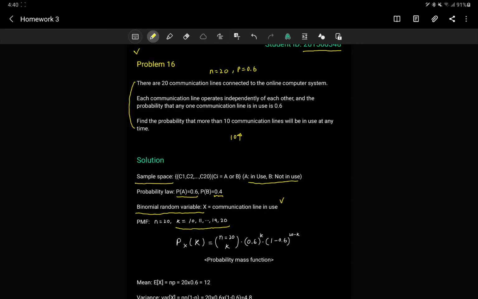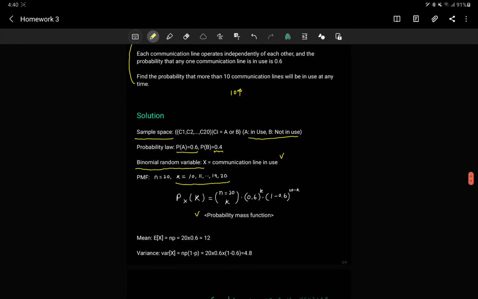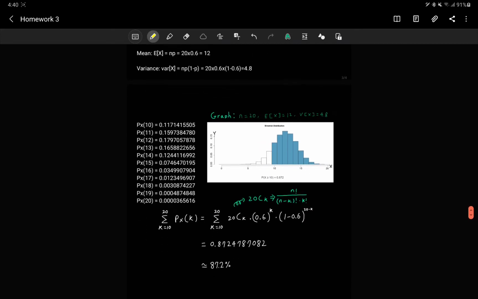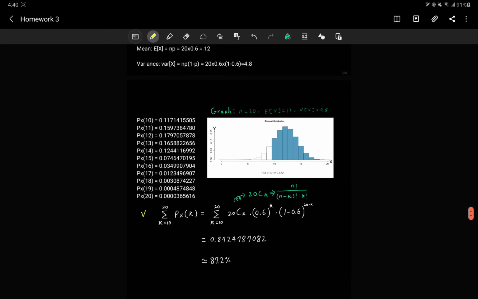The reason for the definition of this k value is that 10 or more communication lines must be in use. By calculating this probability mass function, we can get the values we want. In order to calculate it, a sigma was attached to the front, and k was defined as 10 to 20.